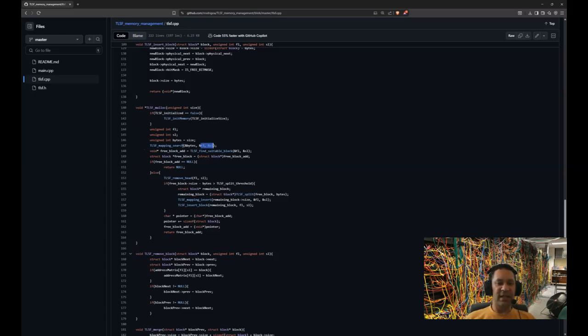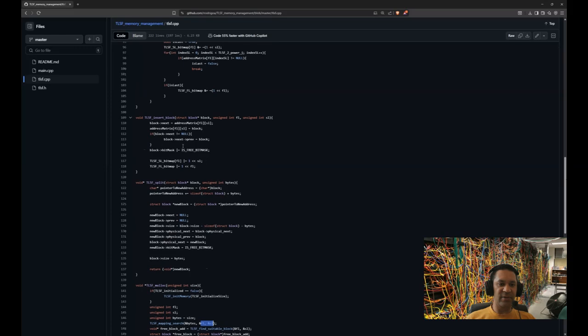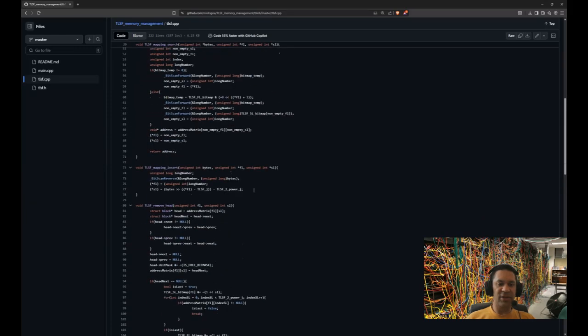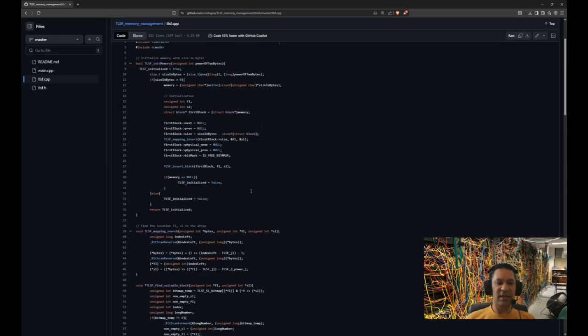And the idea is the mapping search. It's just a numerical calculation. You look at the higher bit inside of your requested bytes, and the second level is just a couple of bits.